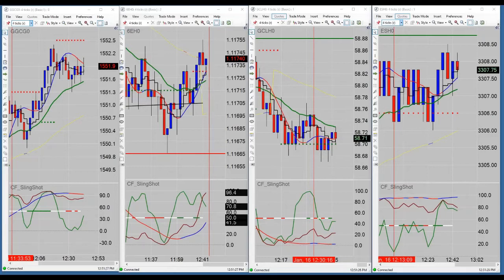Also, there's a sequence. Palladium is the leader, and then you get platinum, then silver, and gold. What happened before was palladium went through the roof in the early 2000s. And then in 2008, platinum hit about 2250, and at that time it became the most expensive precious metal ever.